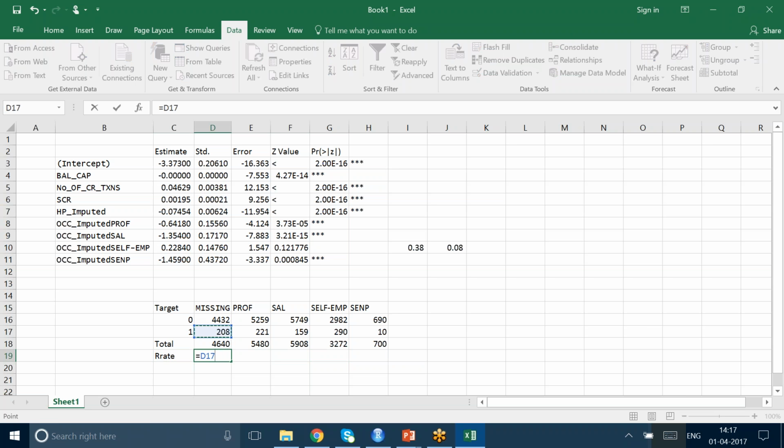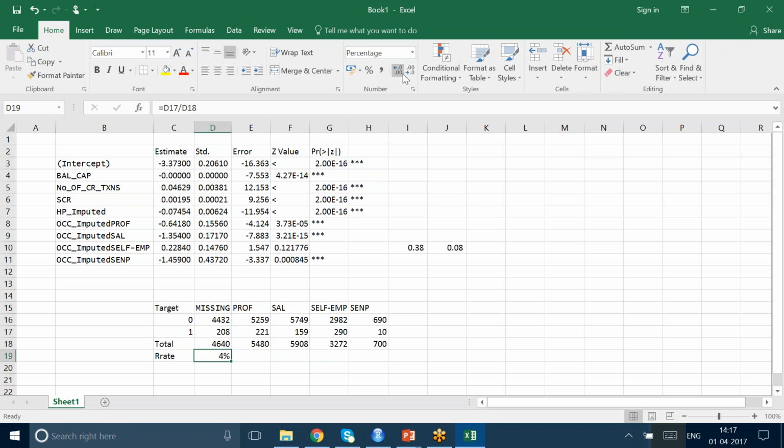It is equal to 208 divided by this number. The sign change was for professional. Let me see what is the professional category. Minus 0.64 and 0.15 minus this. Okay, so in this case it's not there.